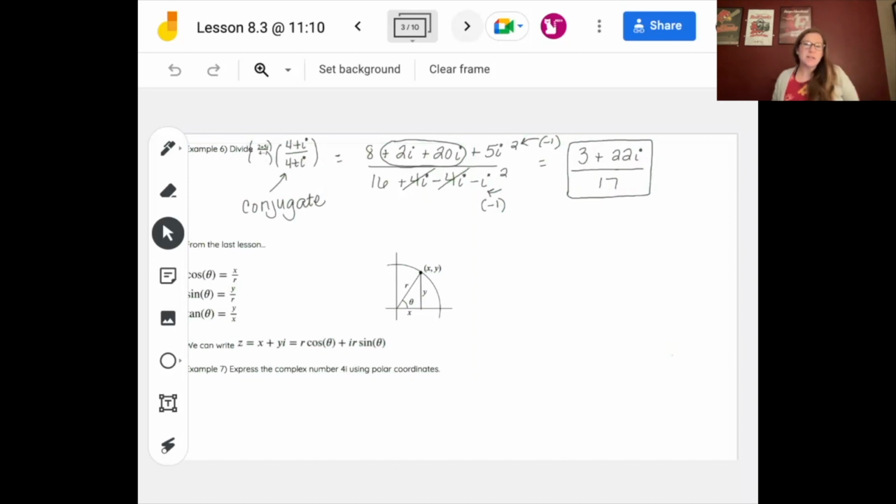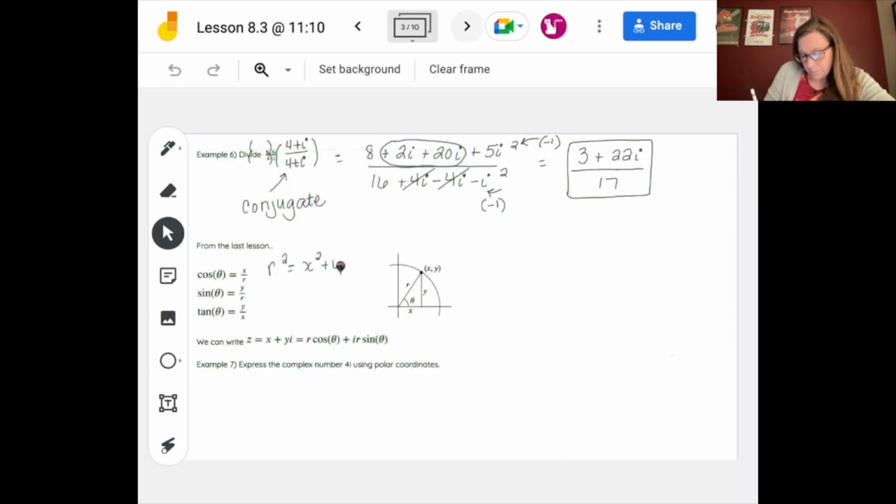From our last lesson, and something that we've been continuously working on since we started our right triangle trig, we know that cosine is x over r, sine is y over r, and then of course tangent is y over x, where r squared can be found by taking the sum of x squared and y squared. Okay.